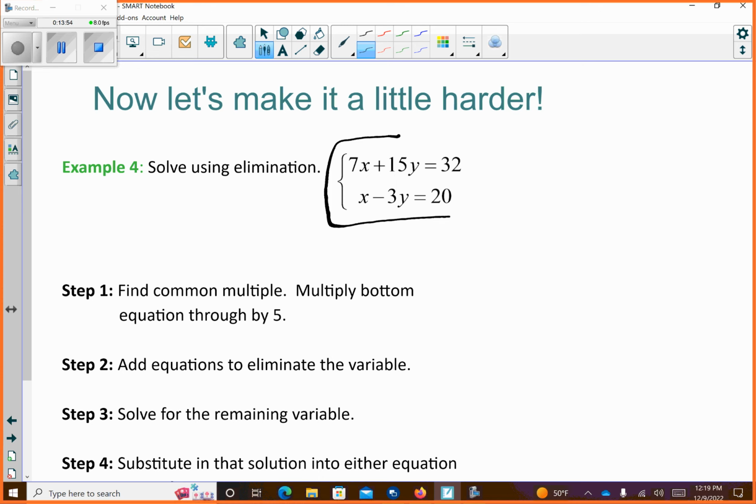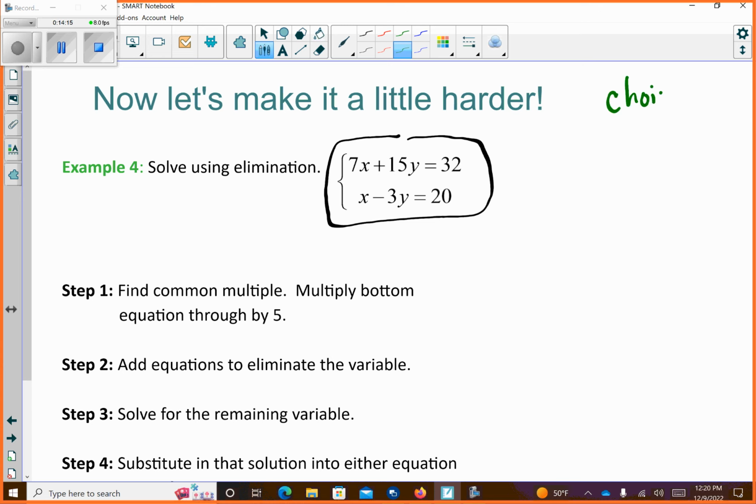Hey, friends, let's take a look at this. Sweet, so we're just going to add them together, and I get 8x plus 12y equals 62. But one of the letters didn't go away. So we have a choice to make.